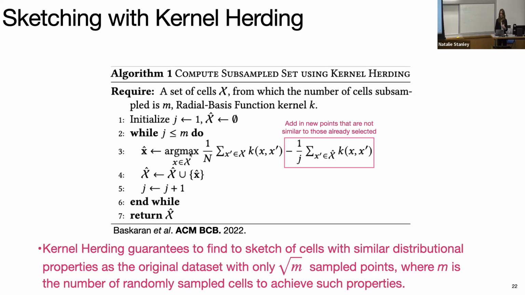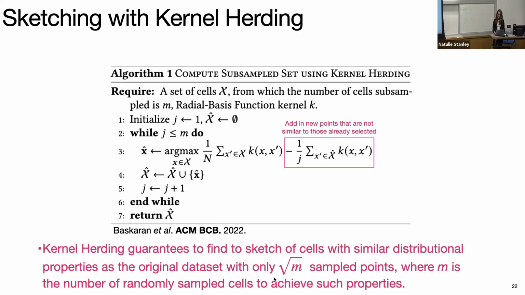I don't want to go into all of this, but it's not too complicated overall. But every time we add a cell, the question that we ask is: is the cell that we add maximally different from any of the cells that have already been added to the sketch? And we evaluate this through some kind of a kernel function like an RBF kernel.